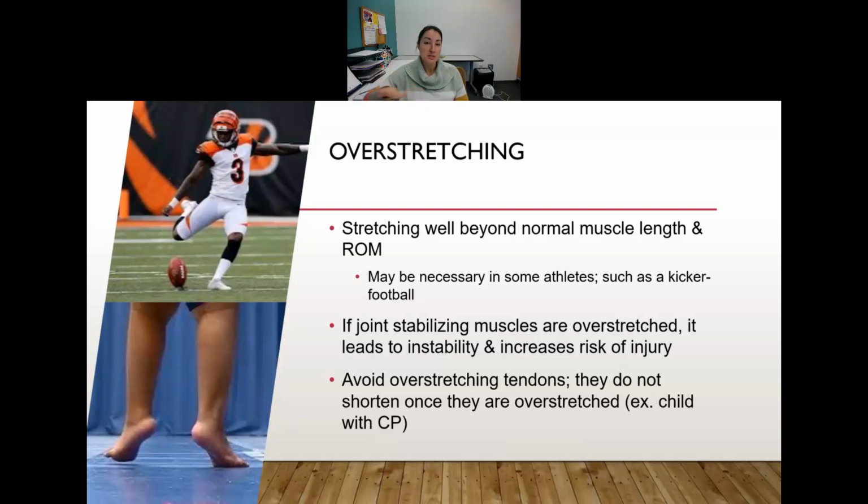I give weird examples, but if this is the gastroc muscle, and at the bottom right here is the tendon that attaches it to the foot, then when I pull on the gastroc, it's the tendon itself that pulls on the bone and allows the movement.